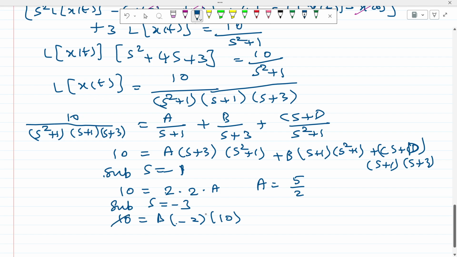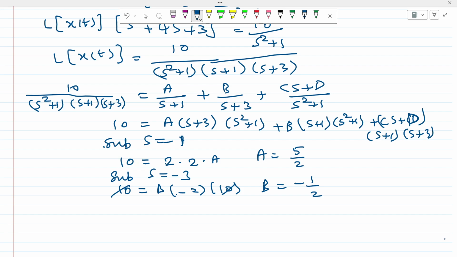So this 10 gets cancelled, and b equals minus 1 by 2. Please verify, don't copy from the board. I can make a mistake, so you also verify that.